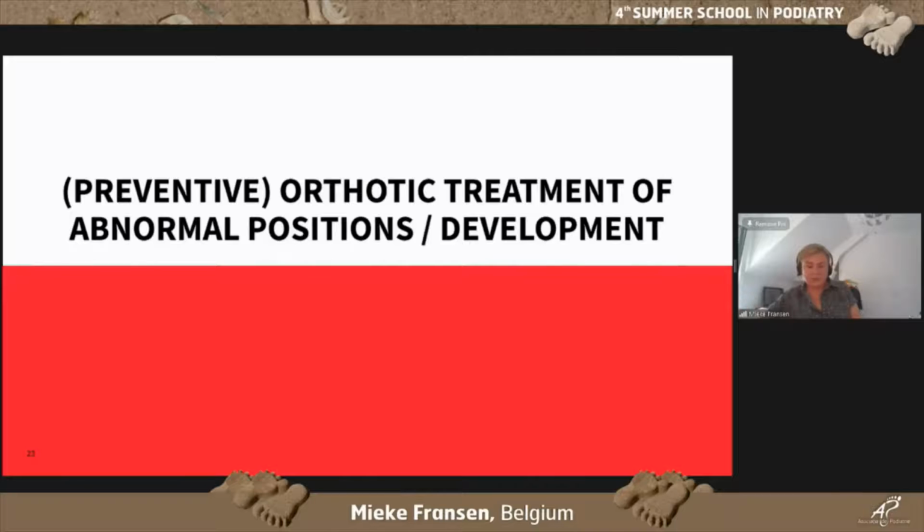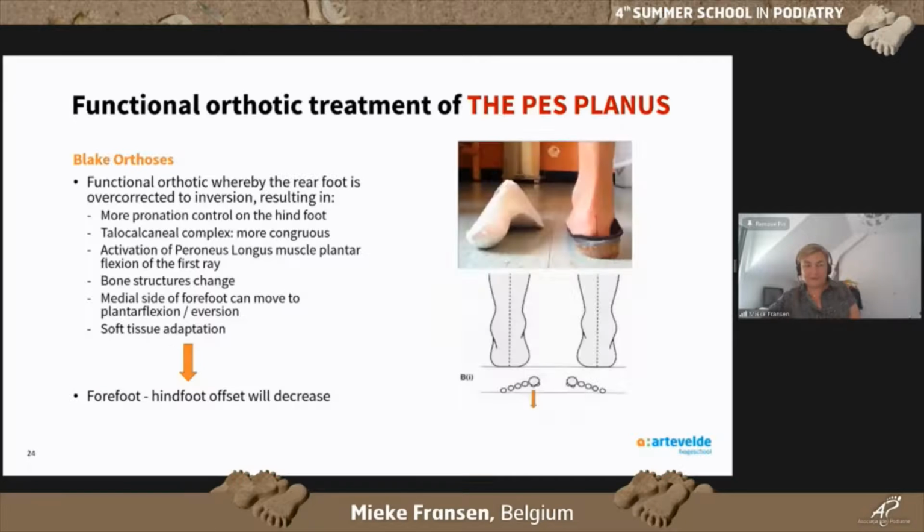So if we see children with a flexible flat foot or an in-toeing gait, or children with symptoms of neuromotor development problems, we can start an orthotic therapy that differs from the treatment we use in adults. For children, we often use the Blake orthotic, which is a functional orthotic that overcorrects the foot. So a foot in valgus is placed in an extreme varus position in the hind foot.